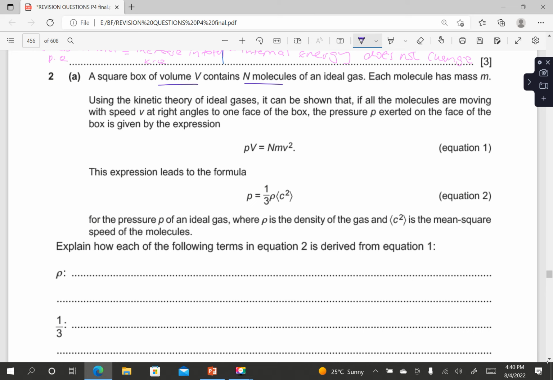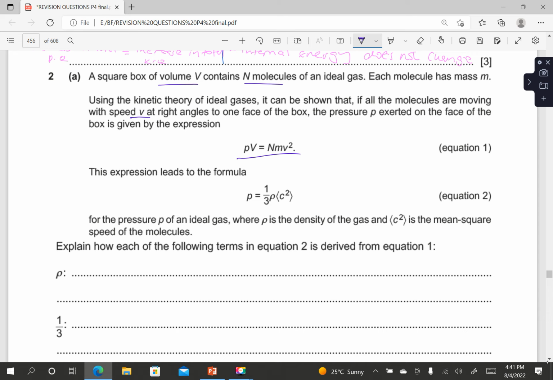Okay, coming back here, using the kinetic theory of ideal gases, it can be shown that if all the molecules are moving with the speed v at right angles to one face of the box, the pressure P exerted on the face is given by this expression here.